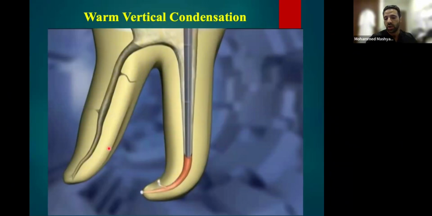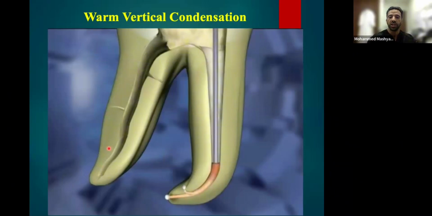However, the recent one that comes with bioceramic sealer is very promising. And there are so many studies that prove it's really good. So he brings the gun now, and he injects the gutta-percha, as you can see now. So the gutta-percha, when it's hot, is condensable.